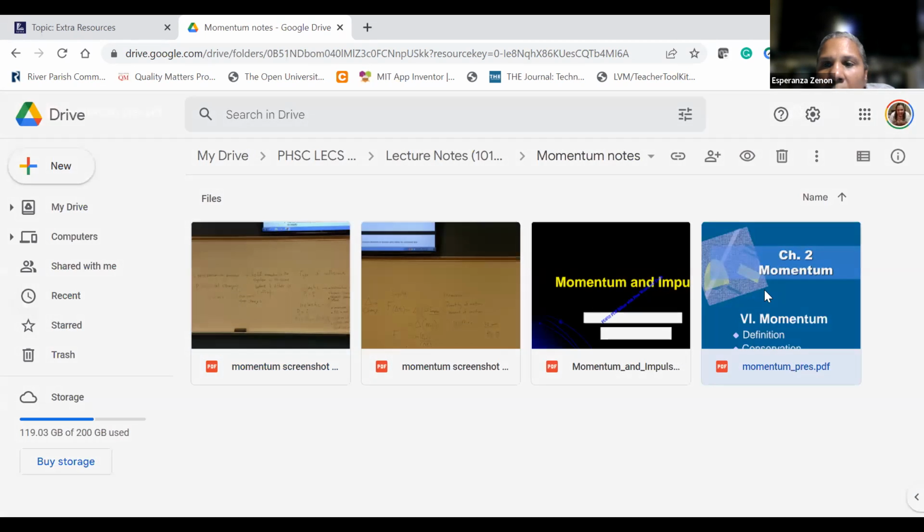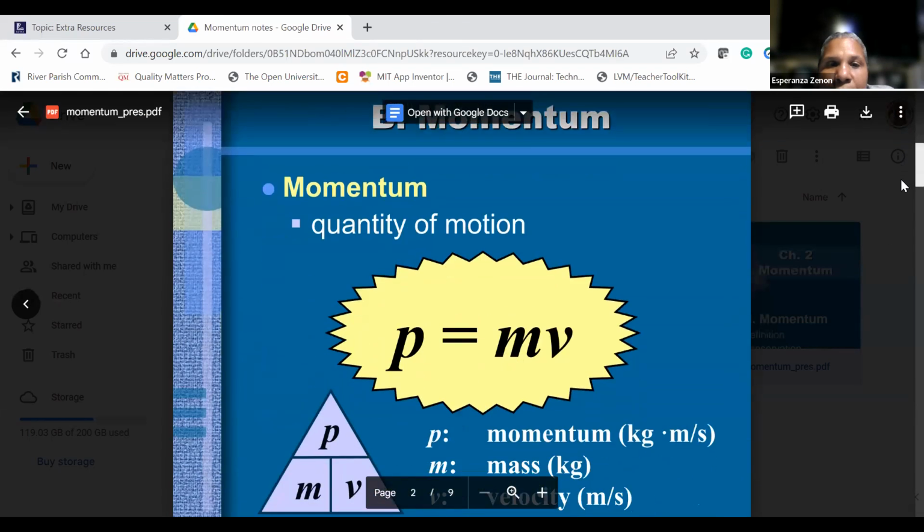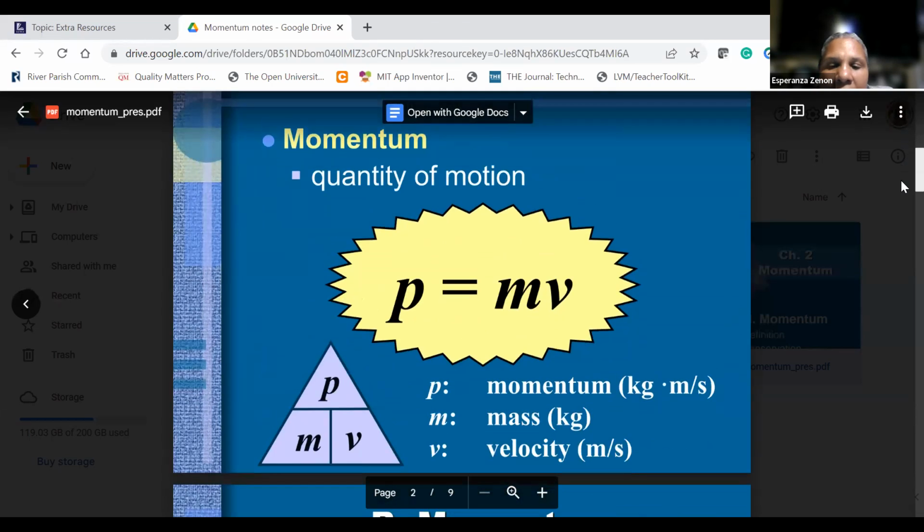Okay. So I like this packet because it breaks down the definition of momentum again. Even nicer, it shows you how to use the problem-solving pyramid to solve momentum problems dealing with the momentum equation.